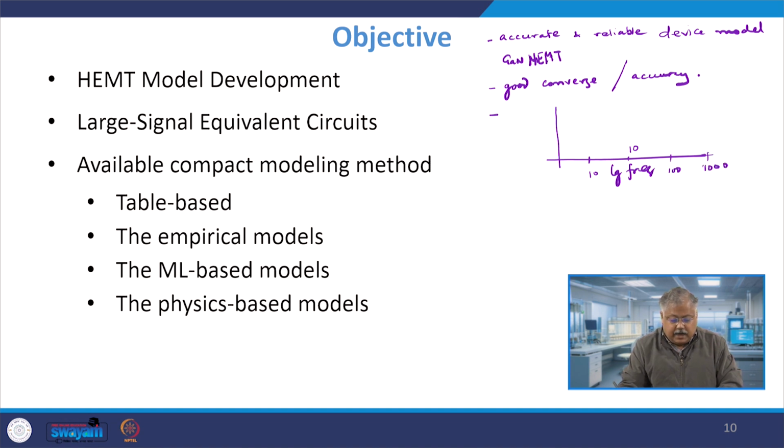And if you plot saturated output power, which will be in dBm, then it is seen that typically this goes, gallium nitride goes from this point to this point. This is for gallium nitride.